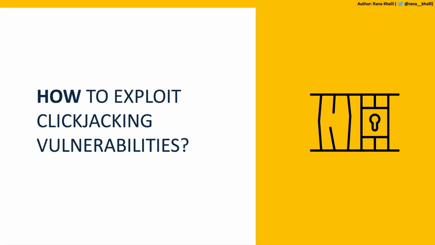All right, in the previous section, we looked at how to find clickjacking vulnerabilities from both a black box and a white box perspective. In this section, we're going to talk about how to exploit clickjacking vulnerabilities. So imagine you've been given an application, you've reviewed the response headers and determined that the application is potentially vulnerable to clickjacking attacks.